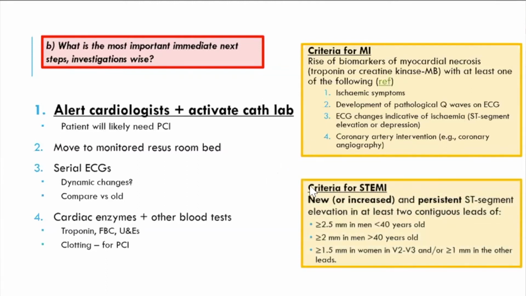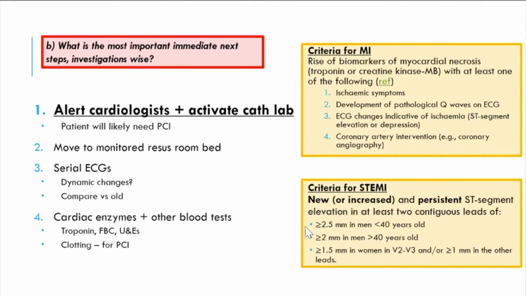In terms of criteria specifically for a STEMI, you want to look for a new or increased persistent ST segment elevation in at least 2 contiguous leads. That means 2 leads that are next to each other. So that would be V1 and V2, or V2 and V3, or whatever.